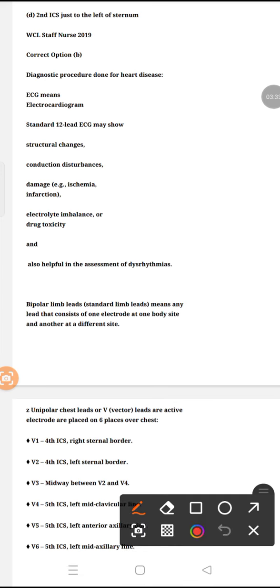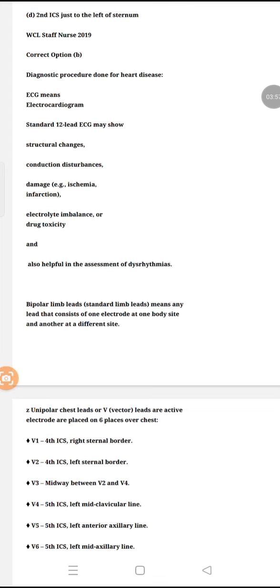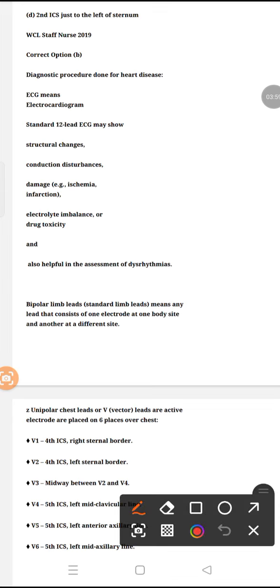These are called limb leads. Here the positive charge will be at one lead place, and the other limb, like the legs, will have the negative charge. Since this has two poles, we call them bipolar limb leads.